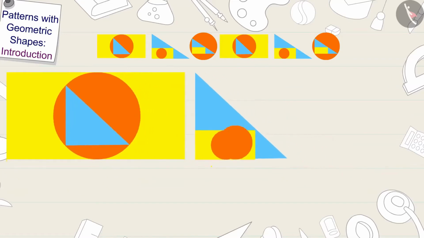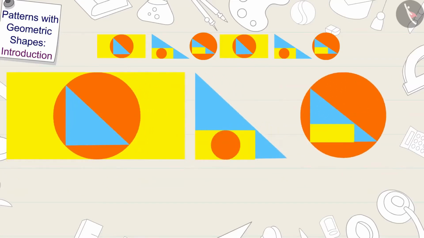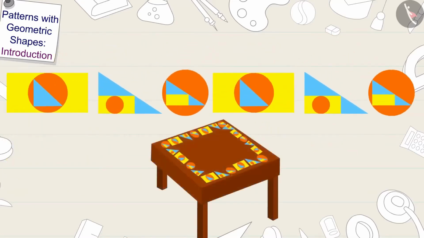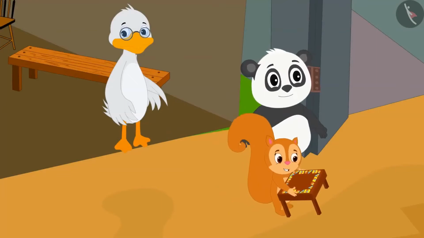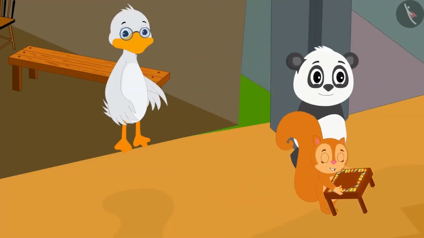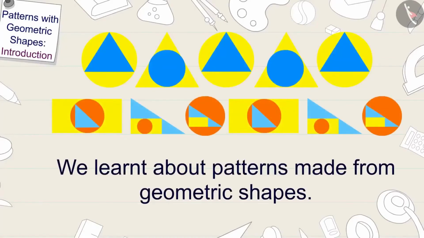By repeating this rule again and again, Uncle has patterned his table. Chanda bought that table from Uncle and happily returned to her home. Children, in this video we learned about patterns made from geometric shapes. In the next video, we will learn more about it by some interesting examples.